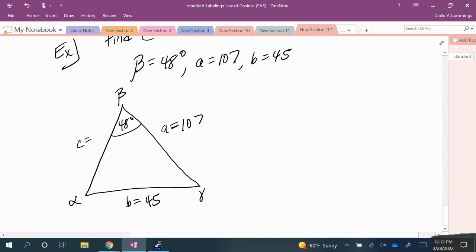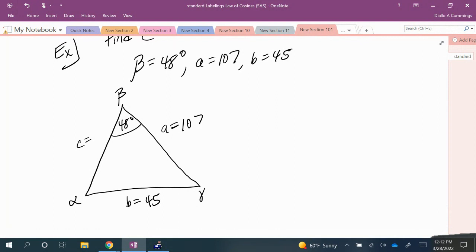All right, so we're given a side side angle set of measurements. So now this is the ambiguous case. We can either have a no triangle solution, a one triangle solution, or a two triangle solution. Now, this is the long part on this.